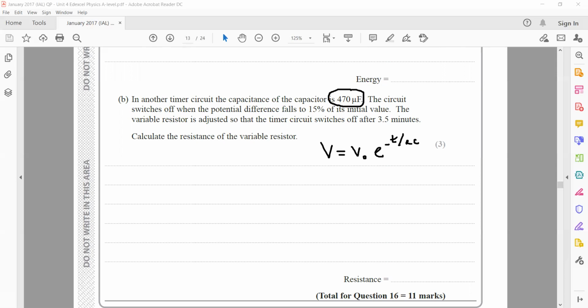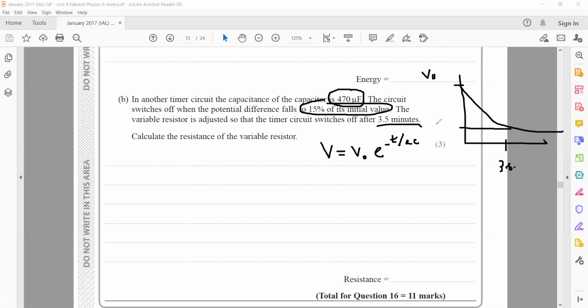And they mention the potential falls to 15% of its original initial value. Like if the initial value is V naught, after 3.5 minutes it falls to 15% of the original value, so it becomes 15% V naught.